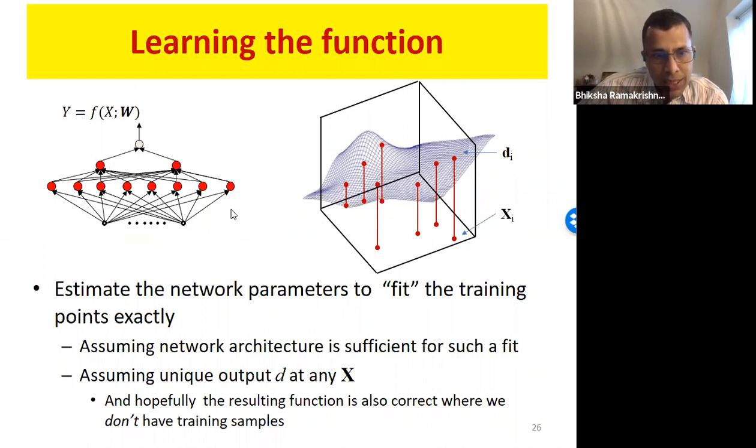And this again is assuming the network architecture can actually do it. If you don't have sufficient architecture, even this will not be possible. And the hope here is that if you fit the function at these points, then the resulting function is correct even where you don't have points.